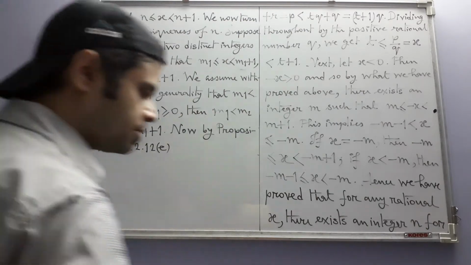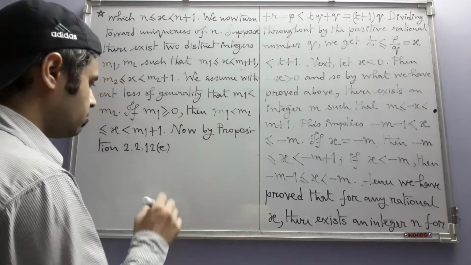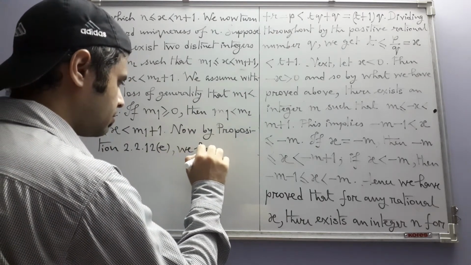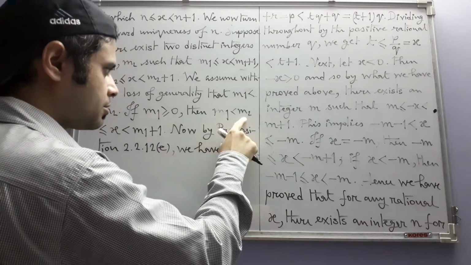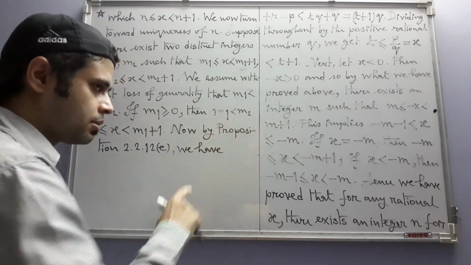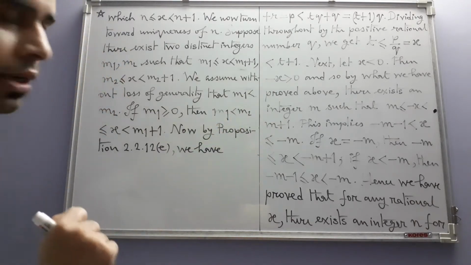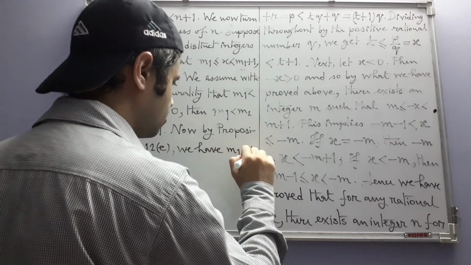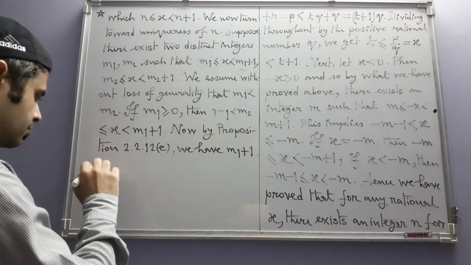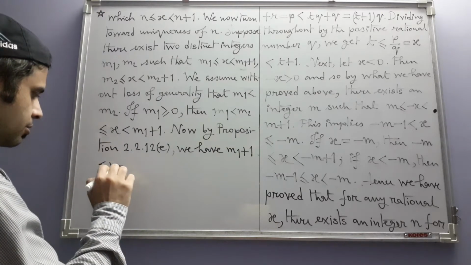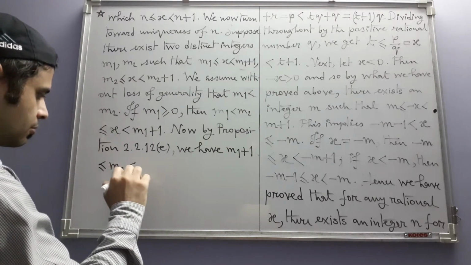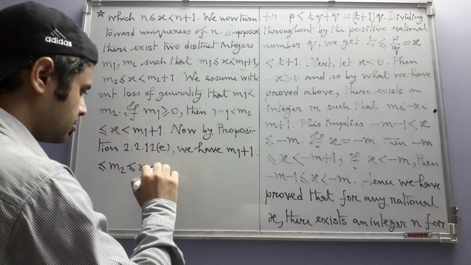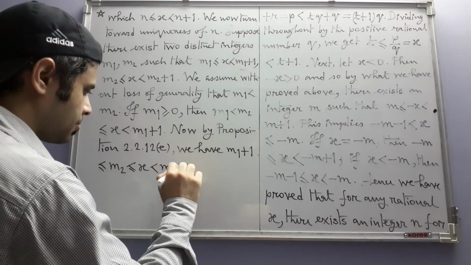So then by proposition 2 to 12e, we have m1 is strictly less than m2, so the successor of m1 will be less than or equal to m2. The successor of m1 is m1 plus 1. So this is less than or equal to m2, which in turn is less than or equal to x, and this is less than m1 plus 1.